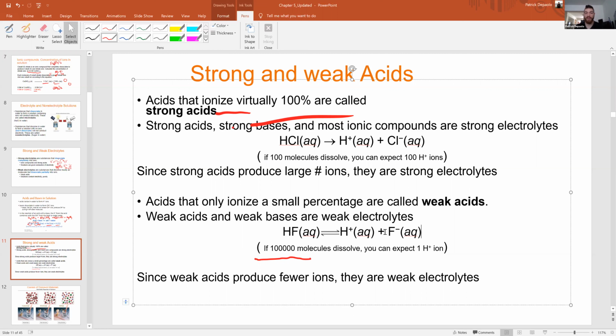They'll go from products to reactants, the reverse reaction, and then vice versa will also happen. Maybe some of these HF molecules will slowly become H plus and F minus. So you have this equilibrium that goes either way, but most of the molecules are still HF, because only a very small percentage of them dissociate into H plus and F minus.